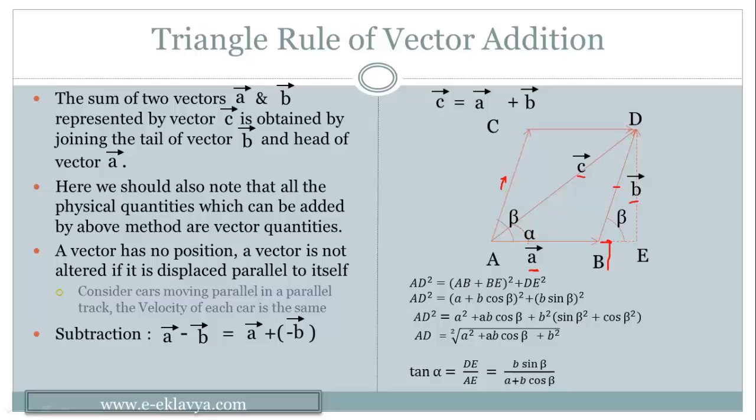Now if you see geometrically, this here is 90 degrees. Okay, and so here we'll use the simple Pythagoras theorem. So what we have here is AD square, that is the hypotenuse square, is equal to AE square plus DE square, the sum of the squares of the other two sides, right?